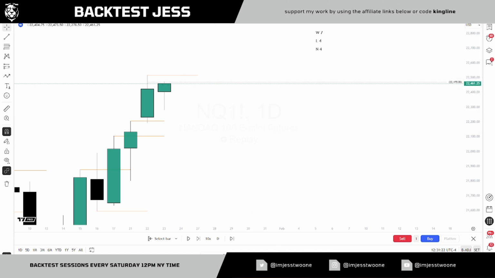We're going to get some kind of continuation pattern where we open from here, tag previous day high, probably retest previous day high, and continue higher. Just straight up continuation. Or if it wants to go lower first, it'll go for the daily BISI first and then go for previous day high, right?